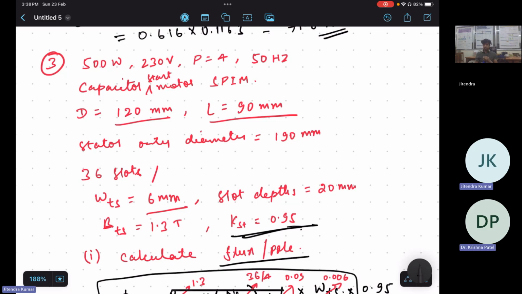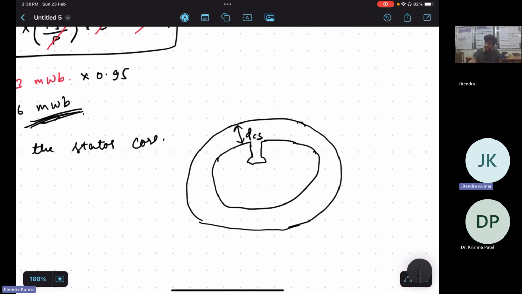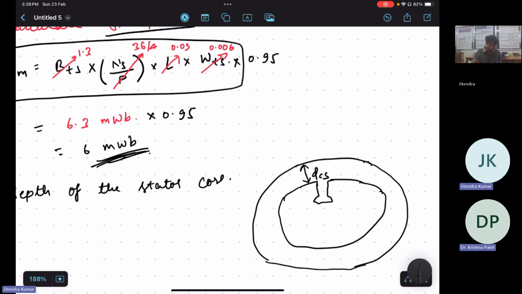But if you are visualizing this in 2D, the stack length will not come in the picture. Only the outer diameter, and a stator bore diameter is also mentioned, right?